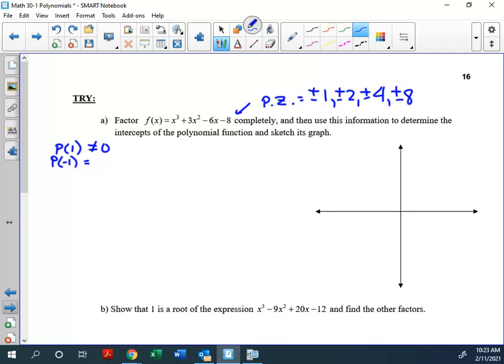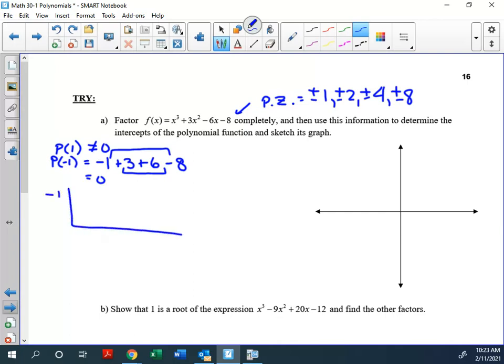All right, now I would go to my calculator, but I'm going to try and use my brain because it's fun every once in a while. So that's going to be -1 plus 3 plus 6 minus 8. Positive 9, -9. That one equals 0. Woohoo! Found it. Full stop on the factor theorem. Now I can head to synthetic division and factor that out.